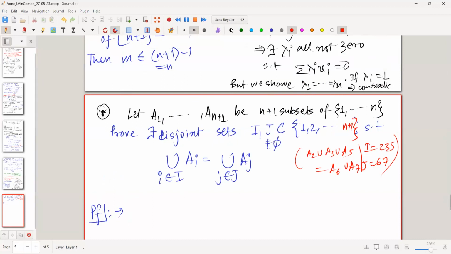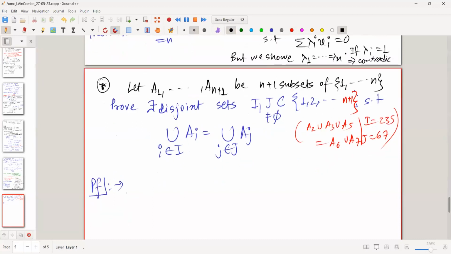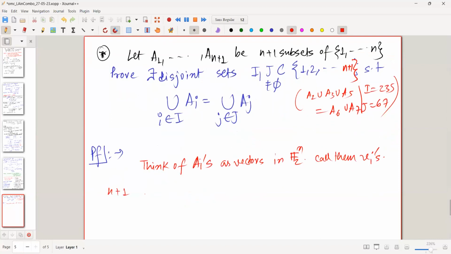So how do you go about this problem? Once again, we will use the linear algebra technique. Think of the AIs as vectors in F2^n and call them VIs. So this is n plus 1 vectors in F2^n, right?